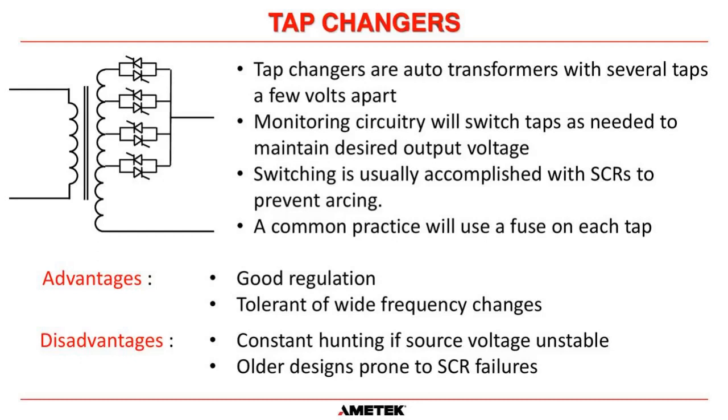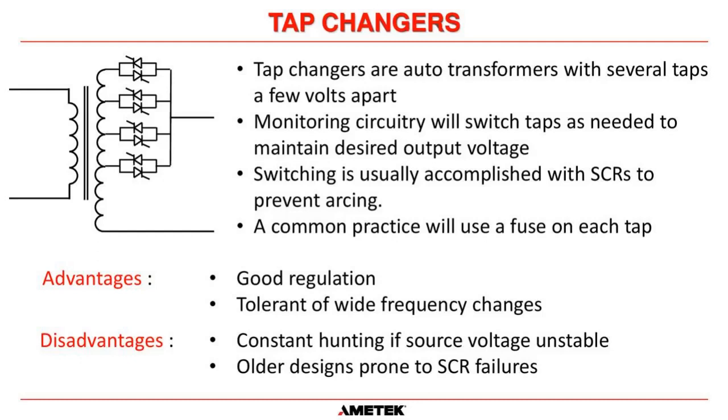So the advantages of tap changers: they regulate really good, and they're tolerant of wide frequency changes. There is a potential for hunting, trying to always find the right output voltage, if your feeder is very unstable and if you see wide changes in input voltages.